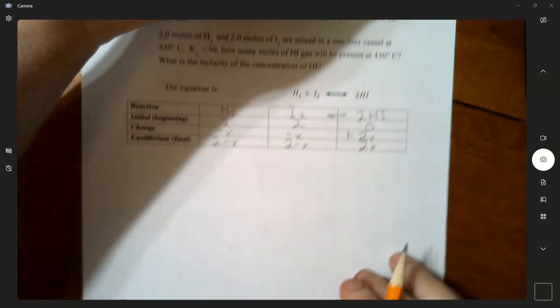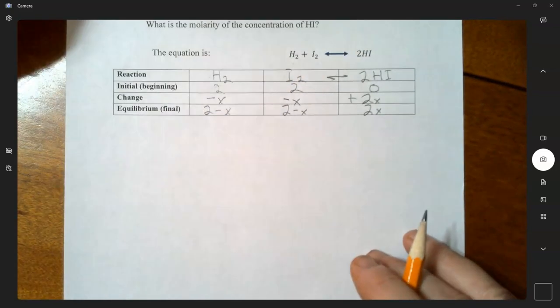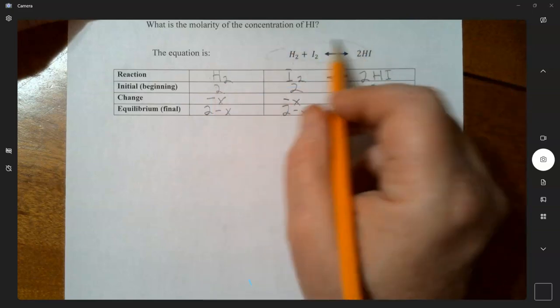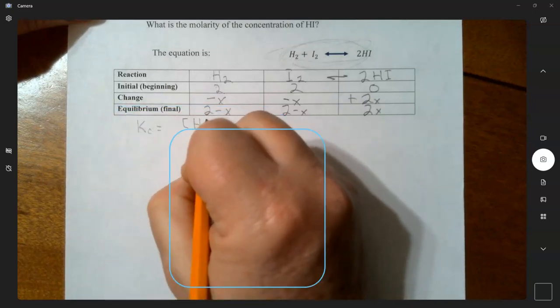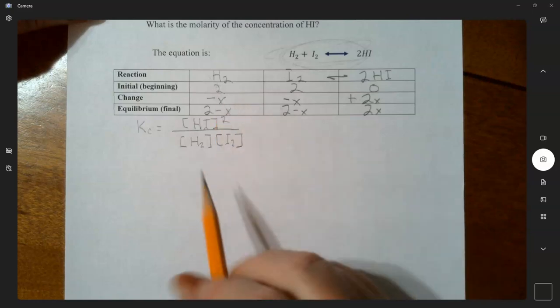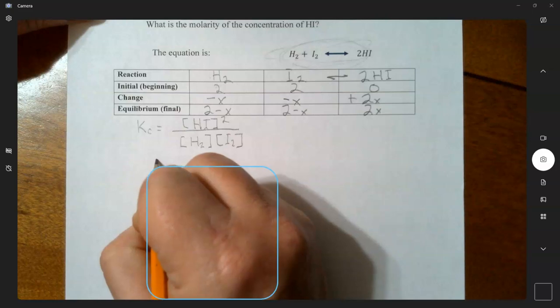All right. We're going to come down, way down here, and we're going to write the equilibrium equation, the law of mass action equilibrium equation for this actual chemical equation. Now we're ready to go ahead and plug in the variables and the actual Kc, which is 50, stated up in the problem.